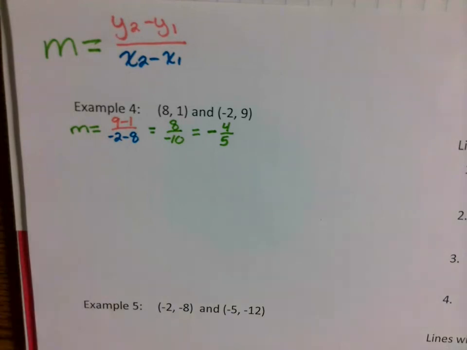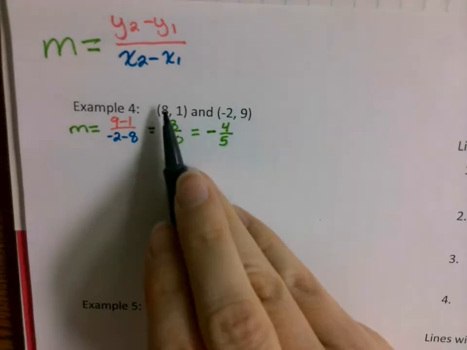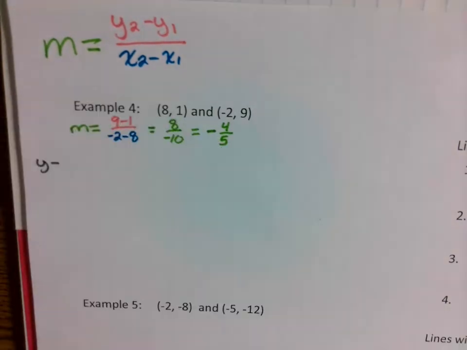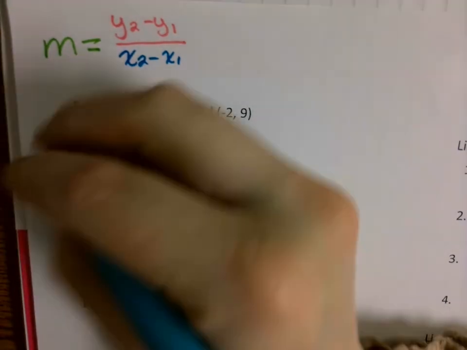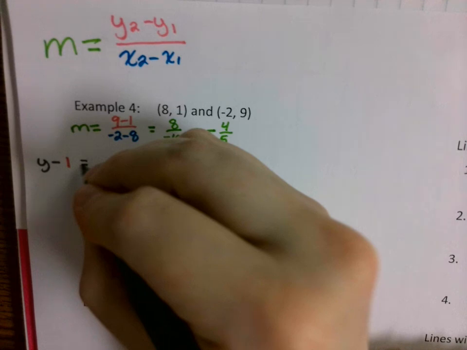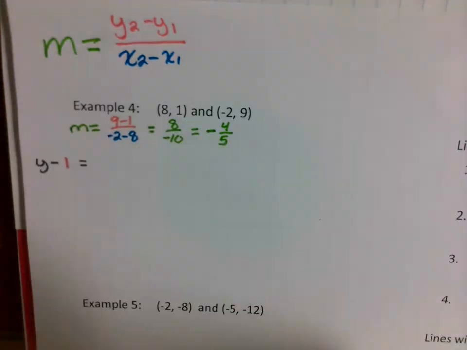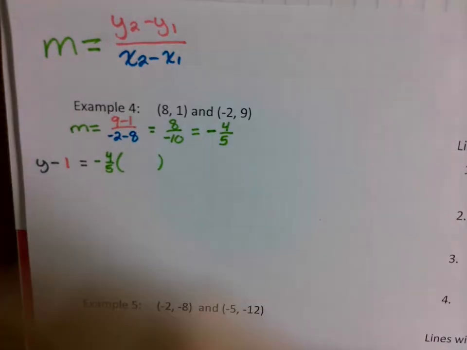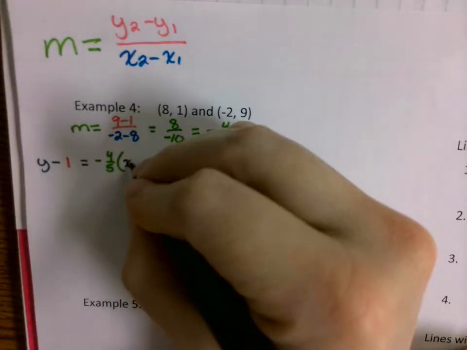I'm going to start with the first point. I'm going to do y minus 1 is equal to negative 4/5 times the quantity of x minus 8.